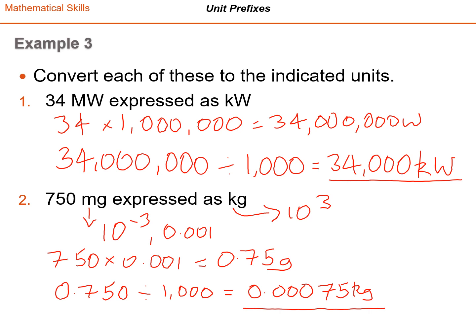The standard unit for time is a second, not a kilosecond. And the standard unit for current is an amp, not a kiloamp. So mass is the odd one out. Mass is the unique one. For mass, we always refer to kilograms as our standard one. But what I recommend is that you turn things into grams, and then do that extra step of dividing by 1,000 to go into kilograms.